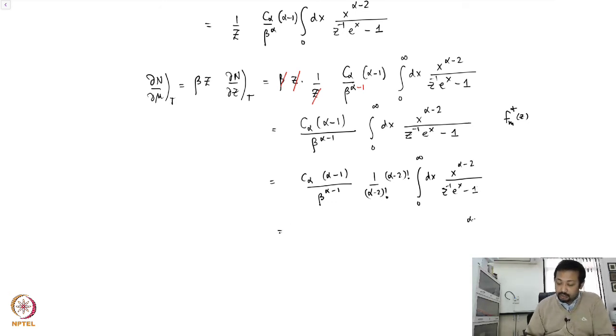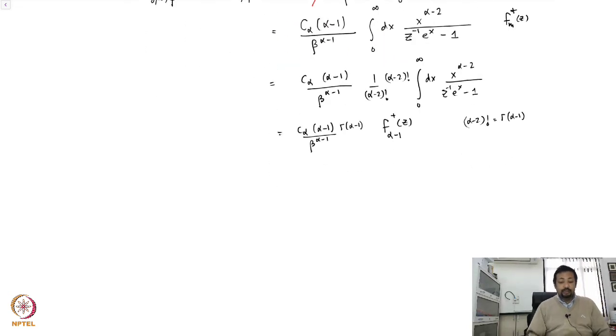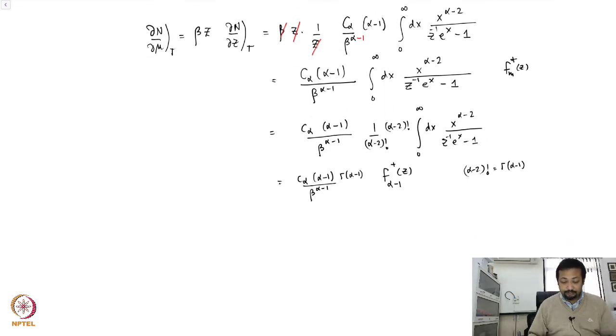This quantity alpha minus 2 factorial I know is gamma of alpha minus 1, so that I have C alpha, alpha minus 1 divided by beta alpha minus 1, and then I have gamma of alpha minus 1 f of alpha minus 1 plus of z.